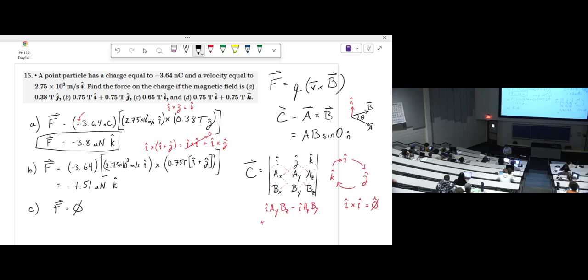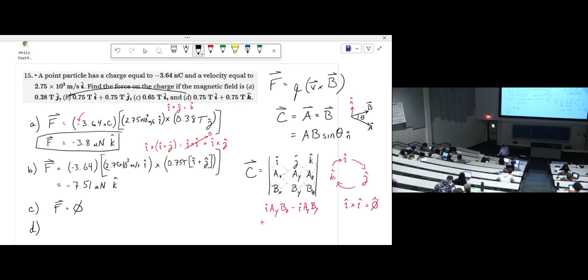The last one, D, we shouldn't have to put any pen to paper, right? Because the only thing that's changed from D to B is that I still have the i hat component. We're going to experience 0 force from the i hat component, but then I've got the same magnitude of magnetic field strength in j, or what I had in j is now in k.